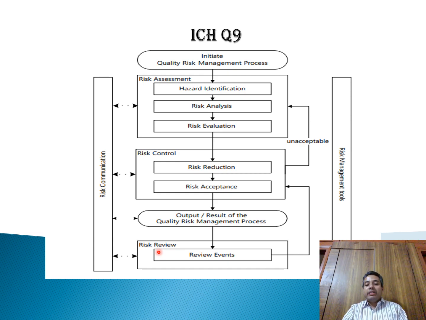And based upon risk review, we need to do communication of risks, where sharing of information about the risk and risk management process shall take place between the decision maker and other stakeholders involved in the risk management process. So this is about the processes involved in quality risk management as per ICH Q9. I hope it is clear till now.